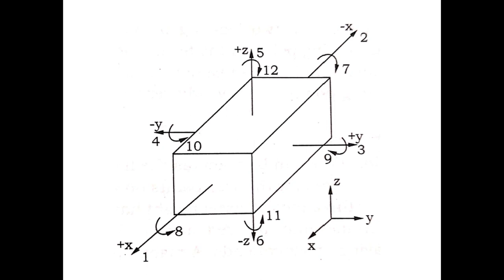In addition there are 6 rotational movements too, clockwise and anti-clockwise along the x direction, and similarly for y and z. So all these 12 degrees of freedom need to be arrested for properly locating and clamping the block.